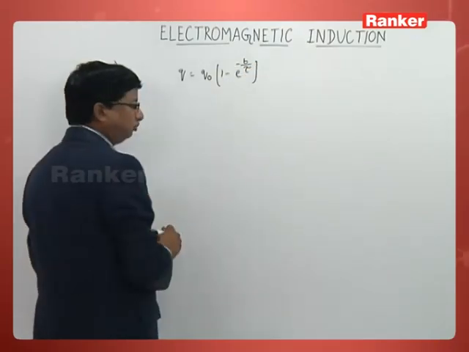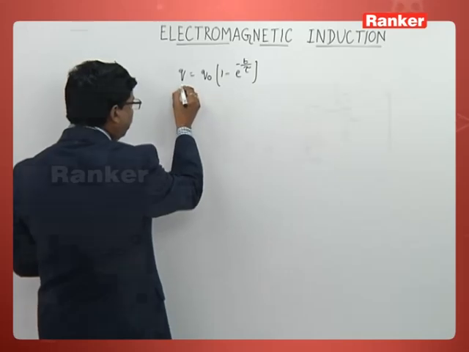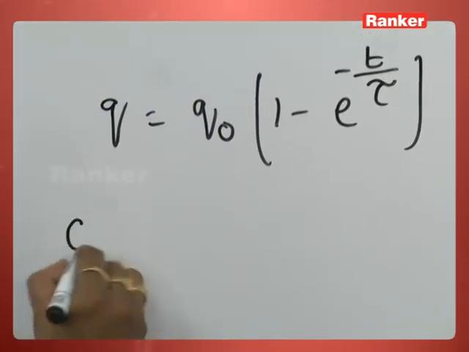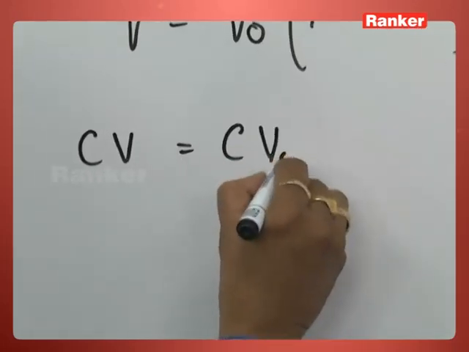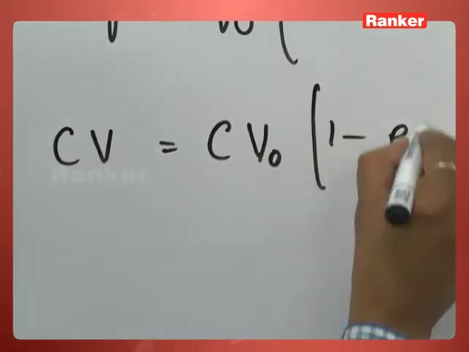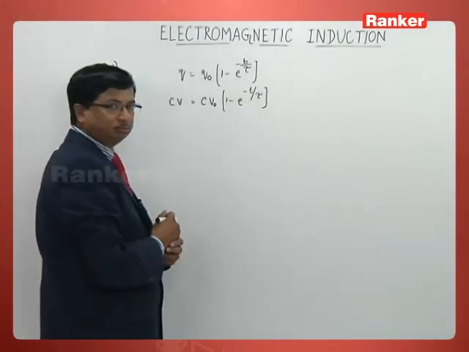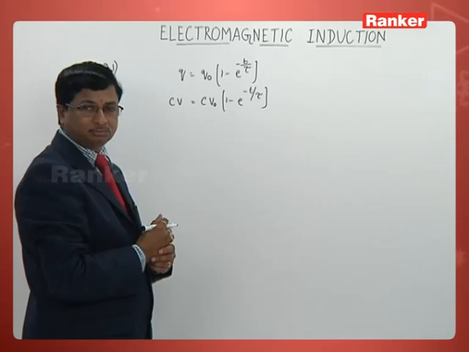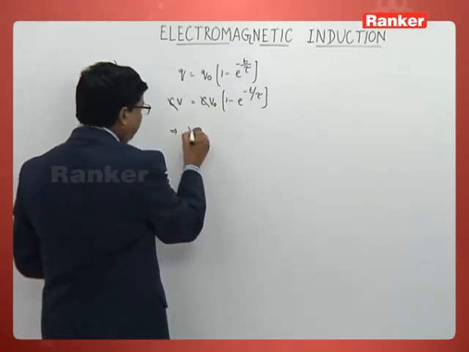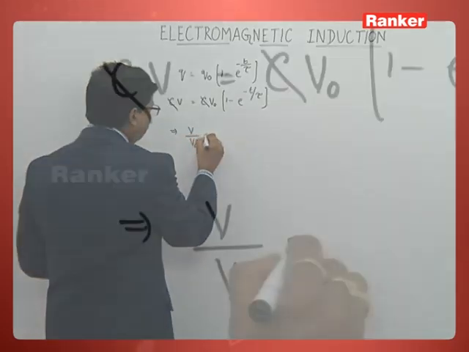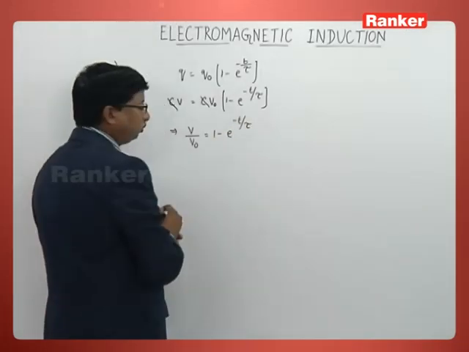But one thing you should understand here, the value of Q can now be written as CV. This can be written as CV naught into 1 minus e power minus T by tau. And of course, C getting cancelled, we are left with V by V naught is equal to 1 minus e power minus T by tau.